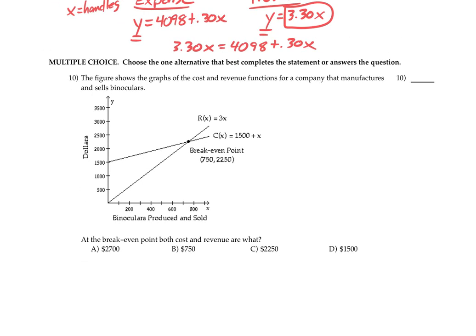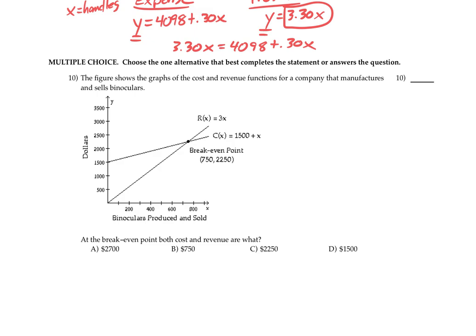Okay, number 10, and this is where you could graph it and you could find out where they cross, and that's what this graph is doing, okay, and it's already been graphed, so we don't have to decide what method we're going to use. They give me two functions. This is the revenue, and this is the cost, okay? In this case, it's the same thing, except instead of handles, we're dealing with binoculars.